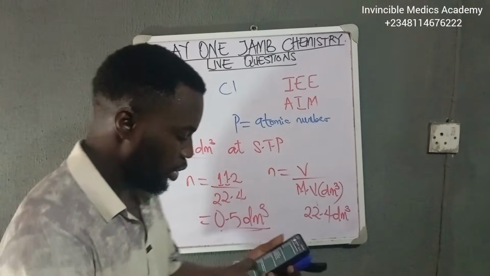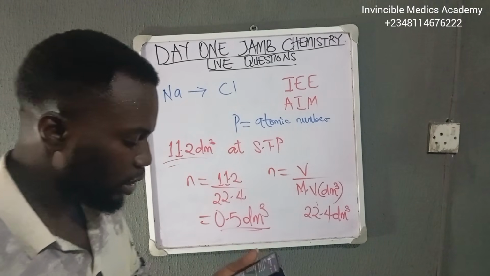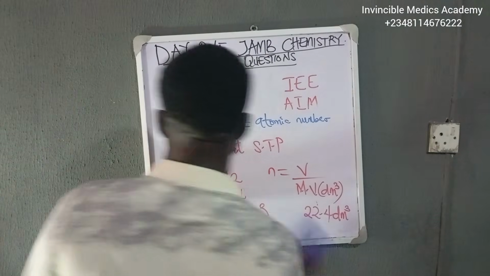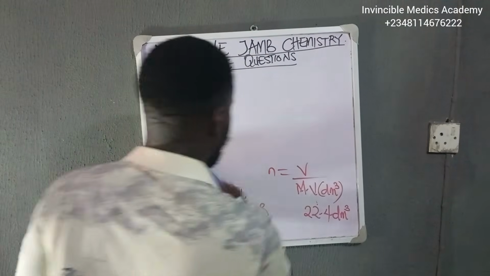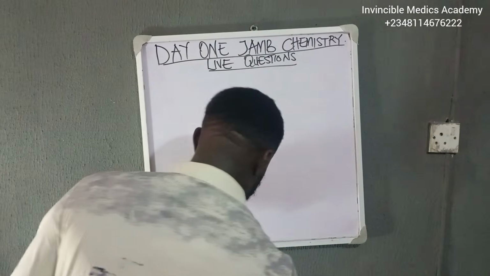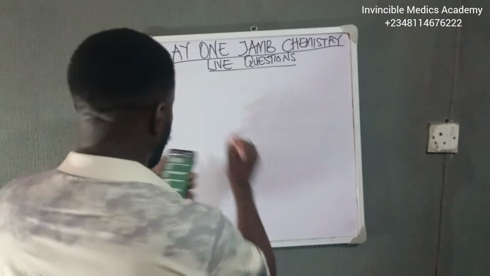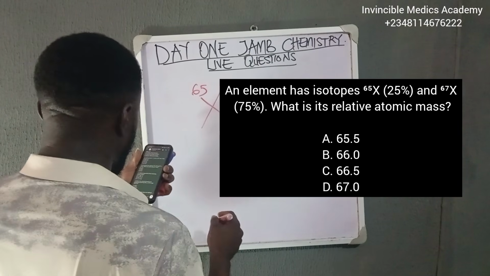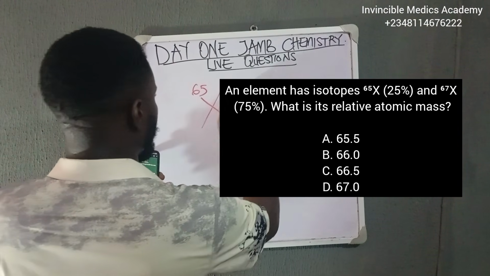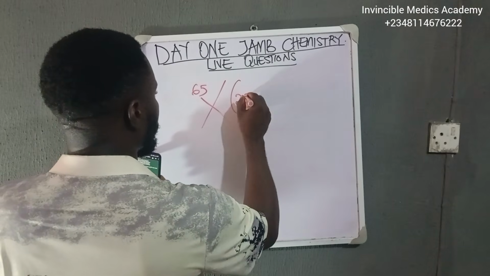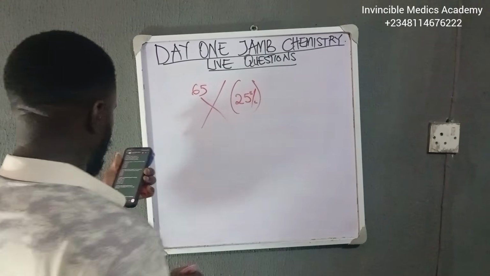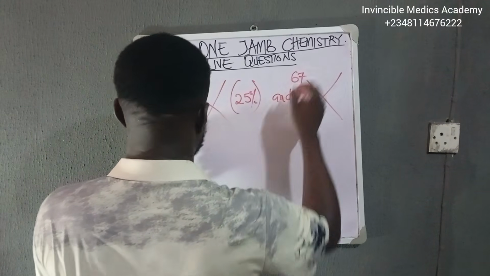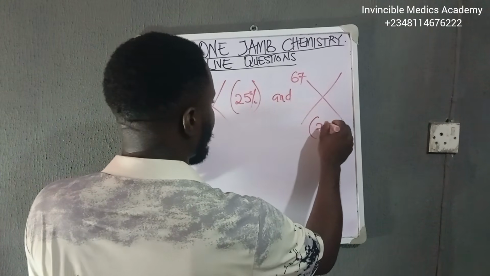Alright? Let's move. Question 4. An element has isotopes. 65X, this is the element, 25%, and 67X, 75%.